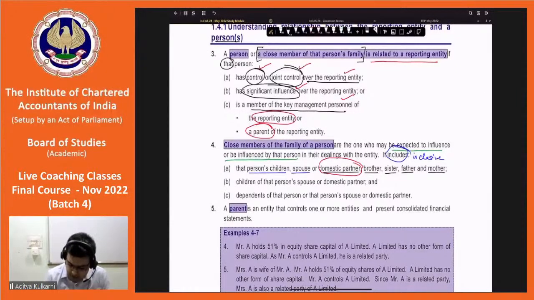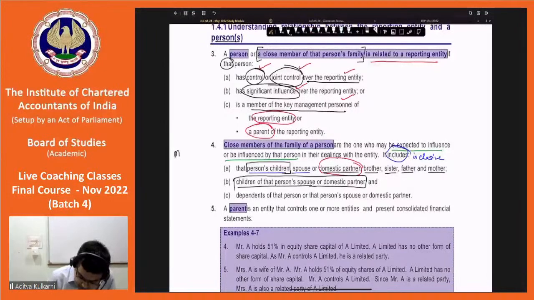This point. The next one is children of that person's spouse. Here also children is there. That person's children. Here, children of that person's spouse or domestic partner. What is the difference? Suppose Mr. A is having control over A Limited.